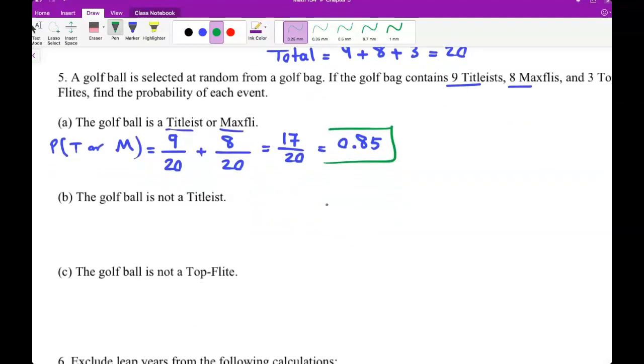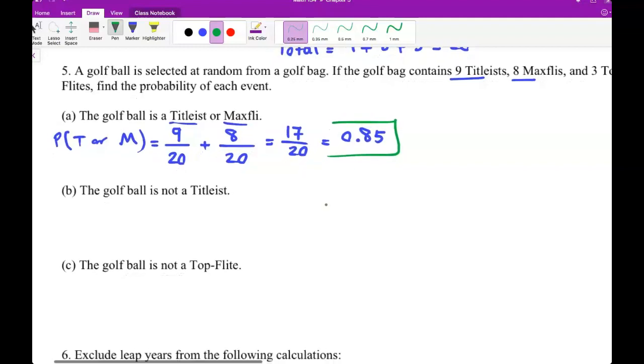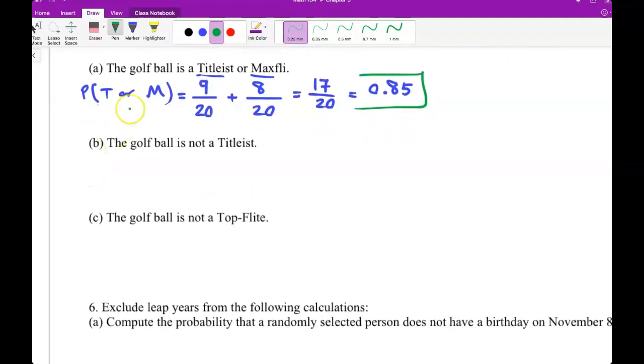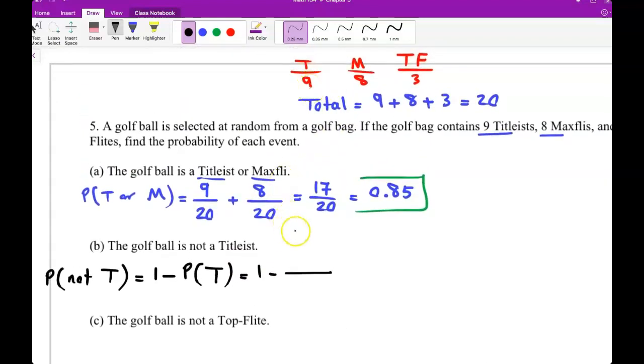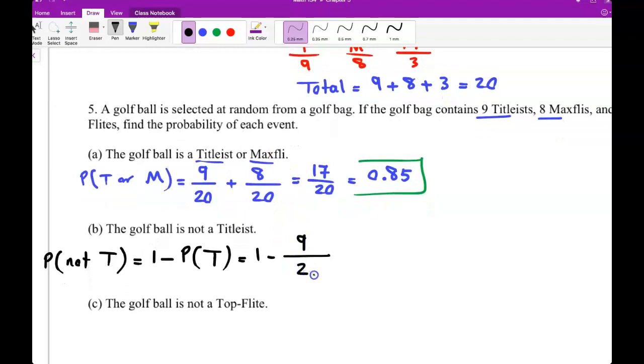Now part B, the golf ball is not a Titleist, so this is not T. That is equal to 1 minus probability of T. So it's 1 minus, for T we have 9, in total we have 20. So the answer is 11 over 20, and it's 0.55.